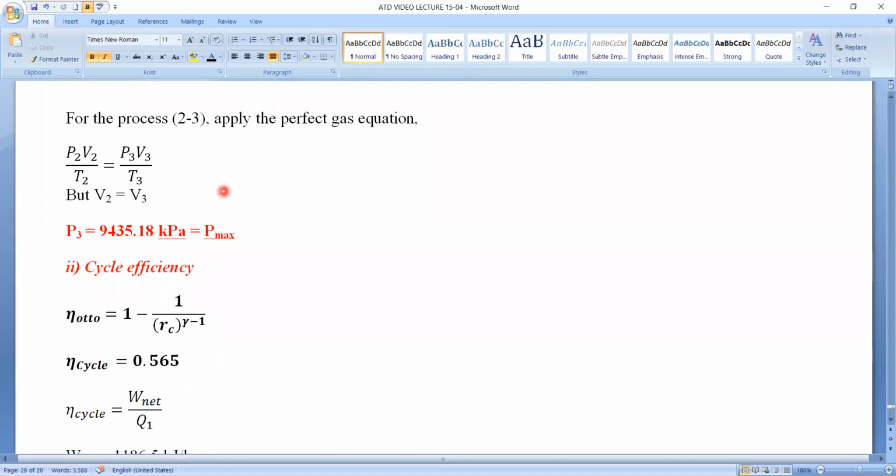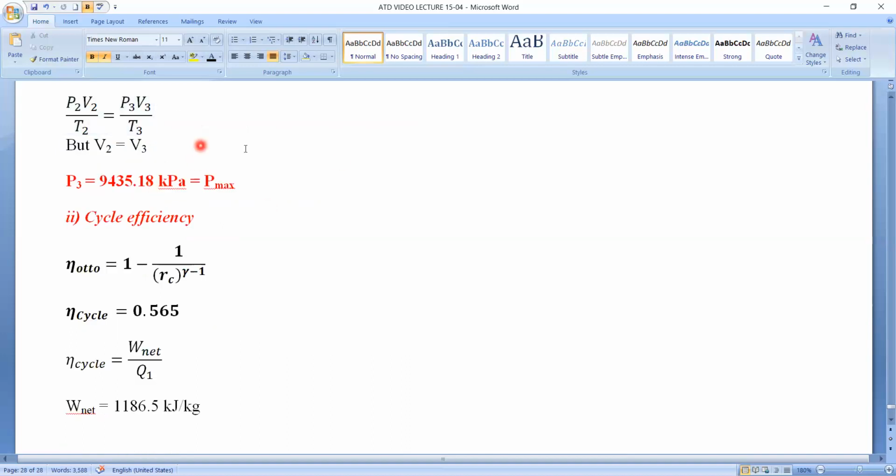Now similarly, apply the perfect gas equation for the process 2 to 3. So for the process 2 to 3, we have the perfect gas equation P2 V2 by T2 equals P3 V3 by T3. So the 2 to 3 process is a constant volume process. Cancel V2 and V3, because V2 equals V3, both are the same, and do the cross multiplication.